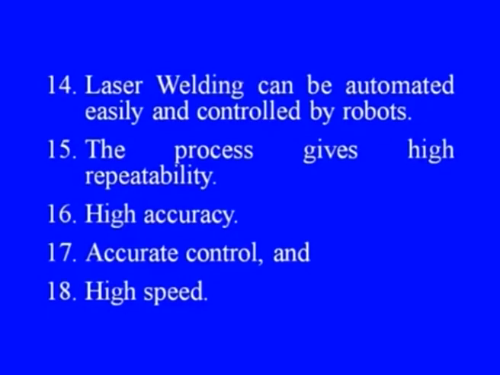This process can be automated very easily and controlled by robots also. The process gives very high repeatability, which is very important as far as process performance is concerned. It provides very high accuracy, very high control, and high speed can be obtained.